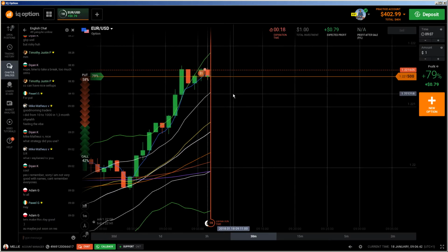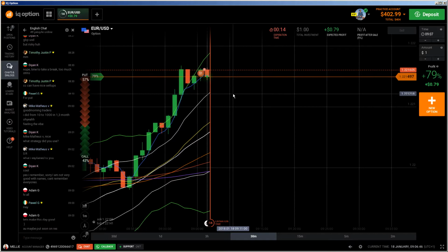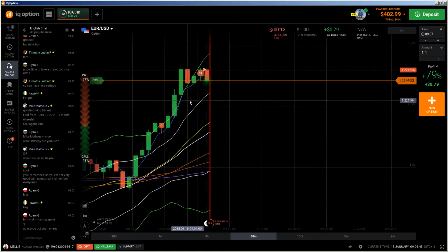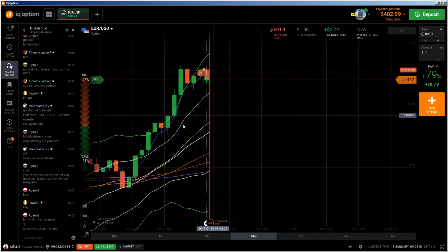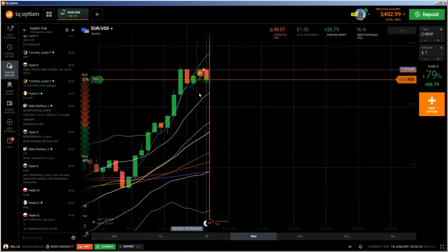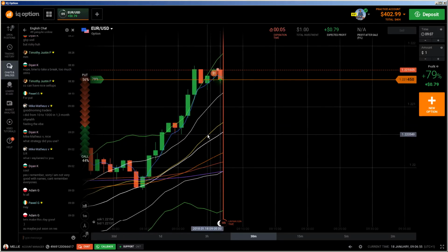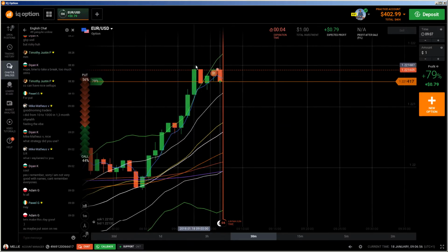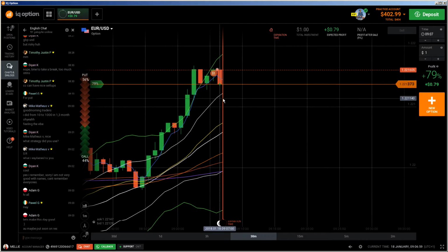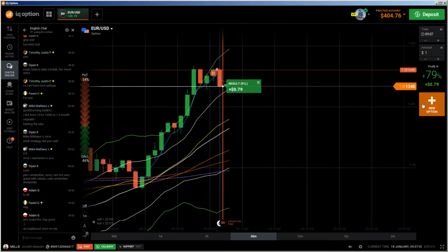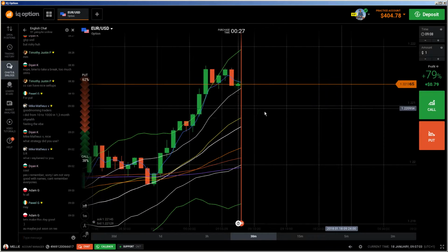This is how you have to trade. You have to understand the context of the candlestick patterns in the market condition and everything to be a successful trader, because only spotting them is not the key.